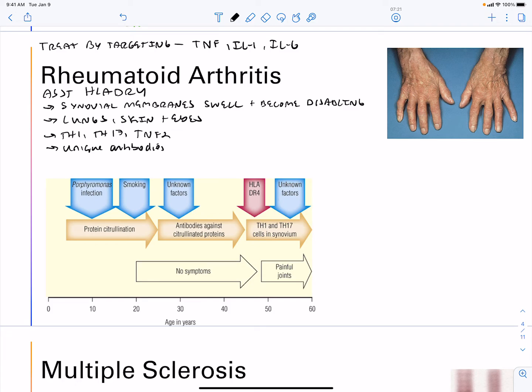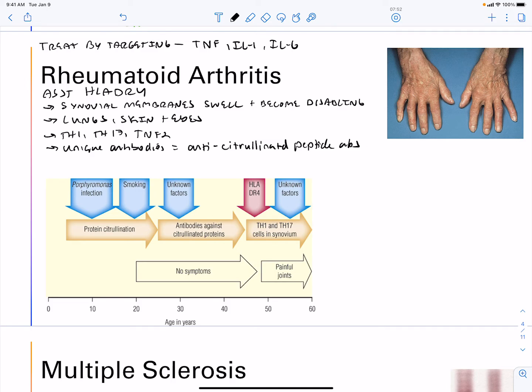The antibodies are going to be anti-CCP, cyclic citrullinated peptide antibodies, and these are going to be diagnostic.